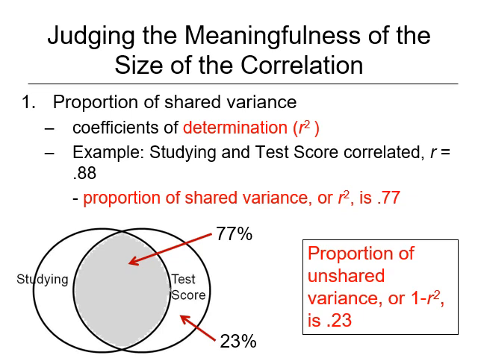We'd square it, which would give us an R squared of 0.77. What this means is that 77% of the test score was predicted by the amount of study time. That would be a very strong relationship. And whatever is left is the proportion of unshared variance, 1 minus R squared. So 23% of test score was not related to studying.